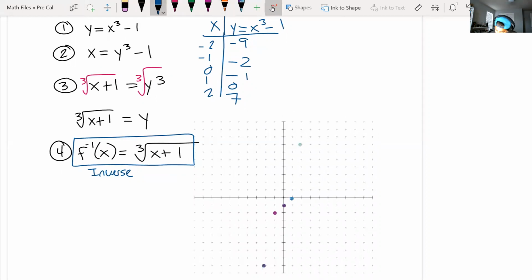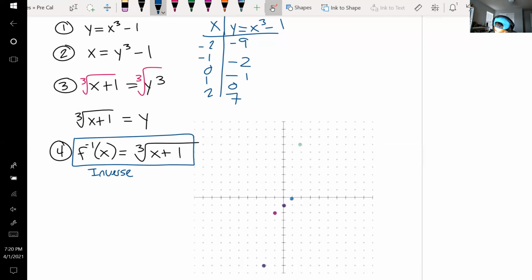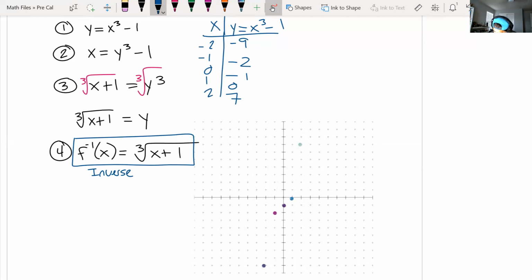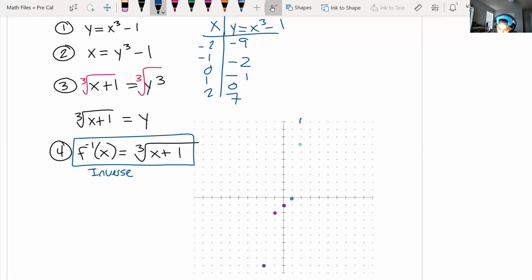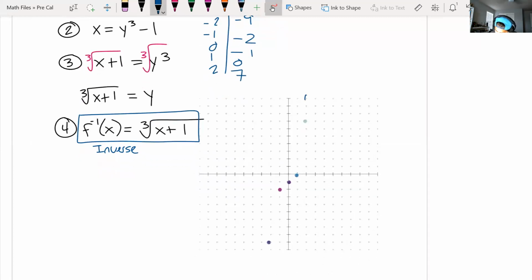I'll do it in blue. Okay, so here's f of x.